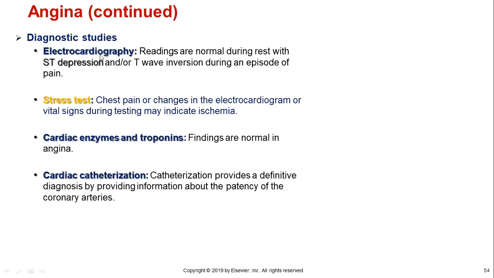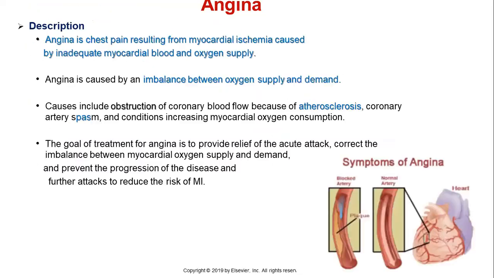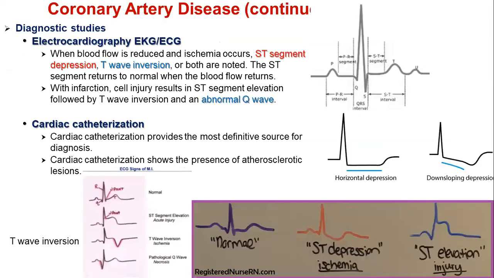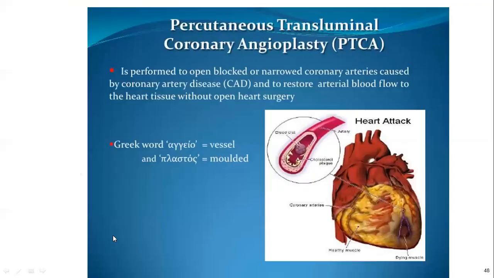In electrocardiography, or electrical graphical presentation, we should get ST segment depressed and T wave inverted. So here the ST segment is depressed, like in coronary artery disease, and T wave inversion, right? It is EKG.